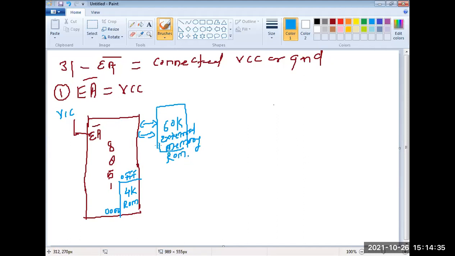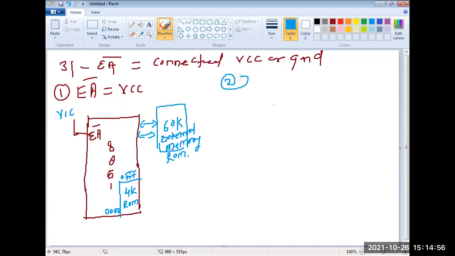So when I am connecting the EA bar signal to VCC, I am using the internal 4 kilobyte ROM, and the remaining external memory that can be interfaced is going to be 60K. This is the first case.